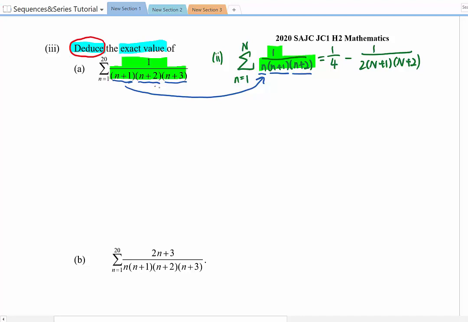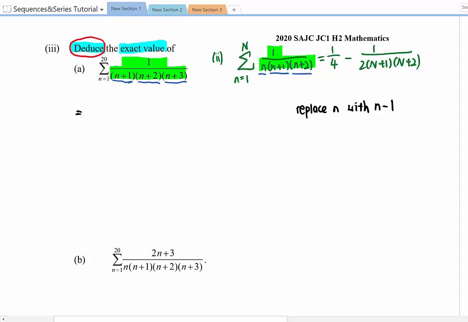If we have n plus 2 minus 1, it gives us n plus 1. If we have n plus 3 minus 1, it gives us n plus 2. So it seems that what we are currently doing is that we are replacing n with n minus 1, right?